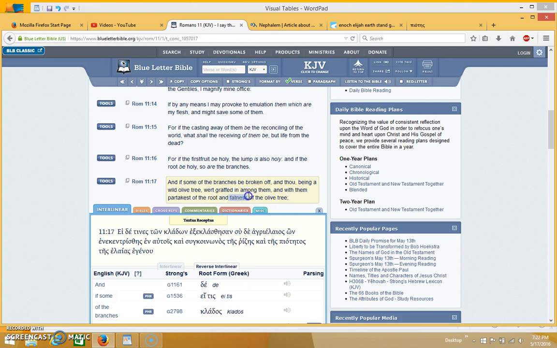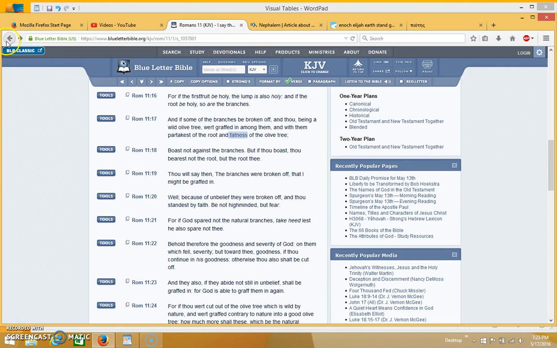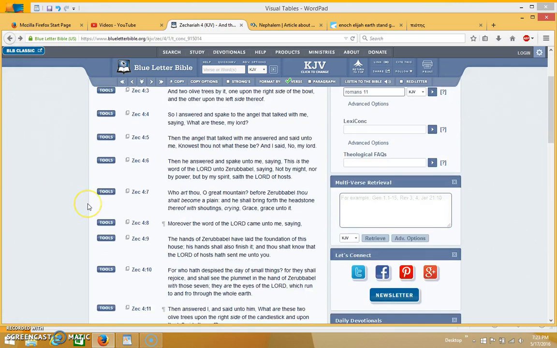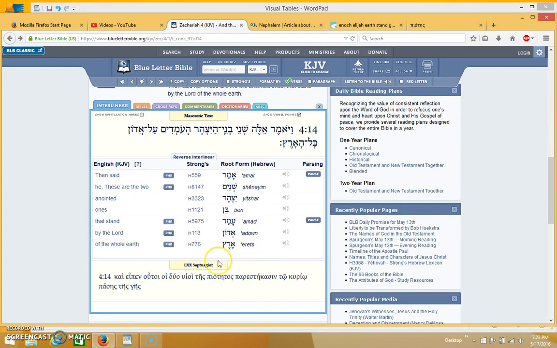So over here it's translated as fatness, and it's talking about the pure shining oil, as we saw in Zechariah 4, where it talked about the two sons of the oil, and as you see here, it says, these are the two sons of the oil that stand before the God of the whole earth.